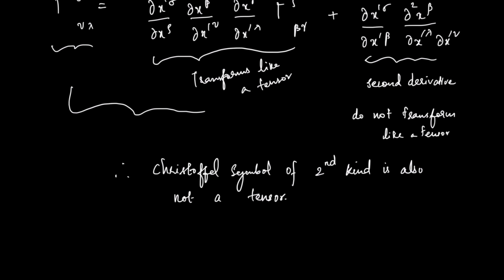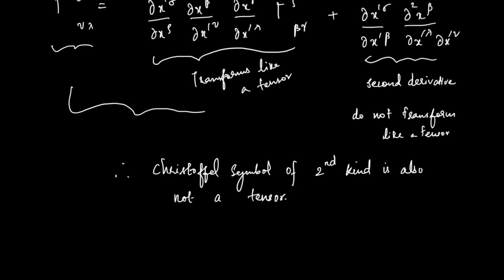So in the last class we have seen Christoffel symbol of first kind is not a tensor. So here we have proved that Christoffel symbol of second kind is also not a tensor. So Christoffel symbol is not a tensor. Okay. It's just a symbol. That's why it's called Christoffel symbol. It's a symbol. Now, what is the importance of Christoffel symbol? We have defined it in terms of the metric tensor, fine.